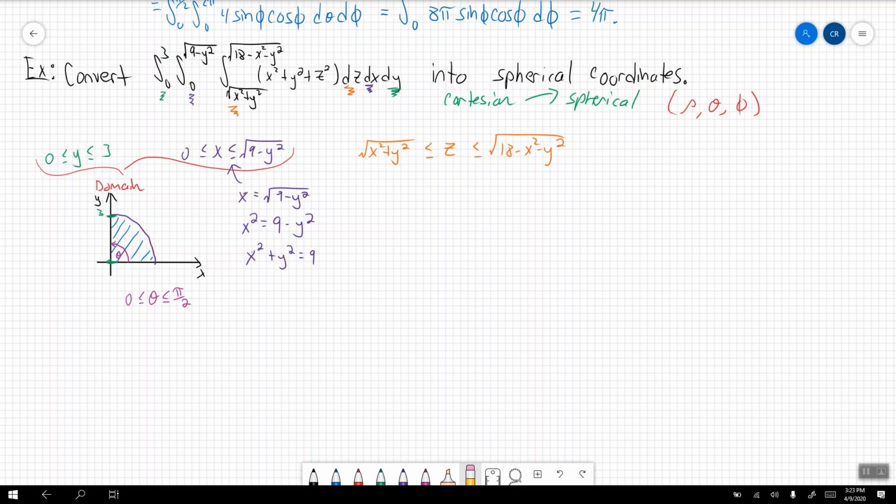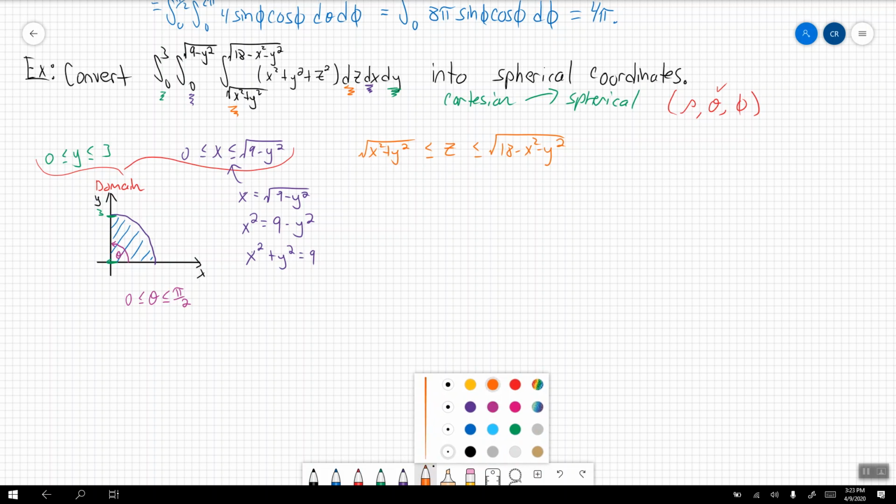Now let's see if we can extract rho, or let's see if we can extract phi. All right, so right now we got theta, that one's done. Now let's see what else we can try to elaborate on. What I want to focus on now is these z values over here. So I'm going to work with those really quickly.